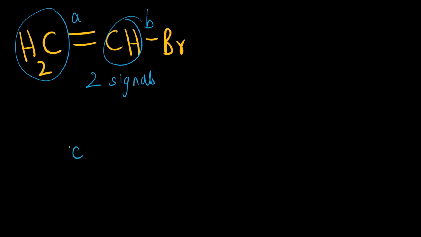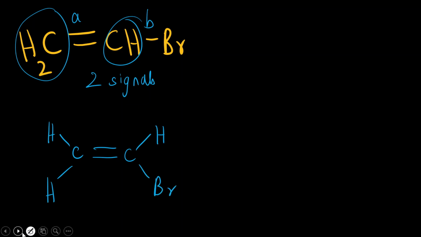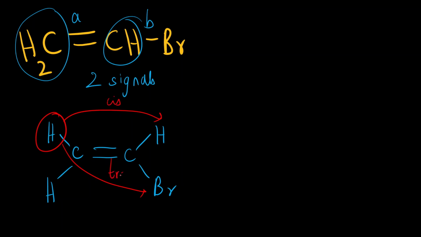Here again, hydrogen, double bond, H and Br. Here also if I see the chemical environment, this red one is cis to hydrogen but trans to bromine. And the other hydrogen is cis to bromine.